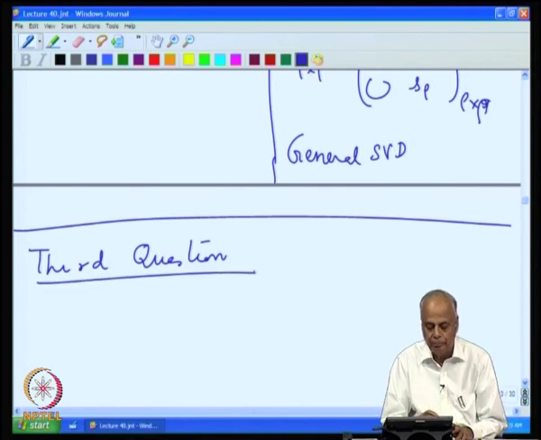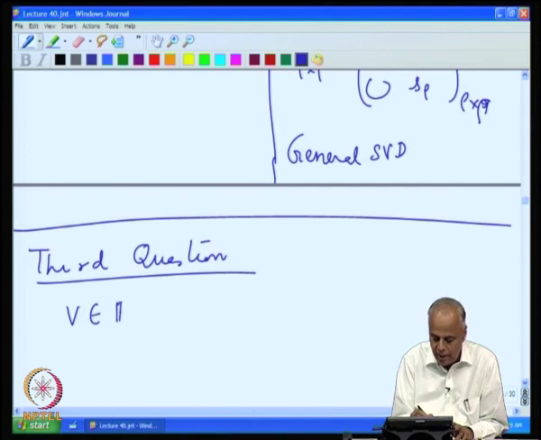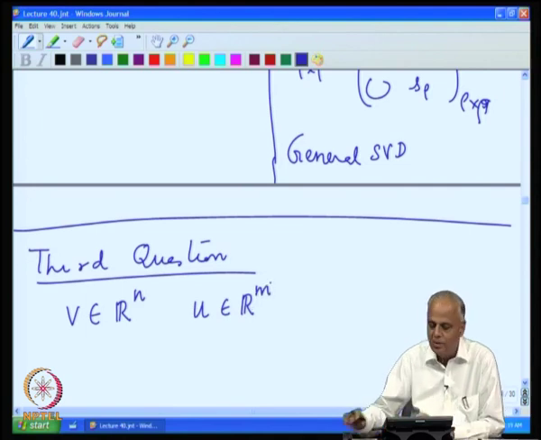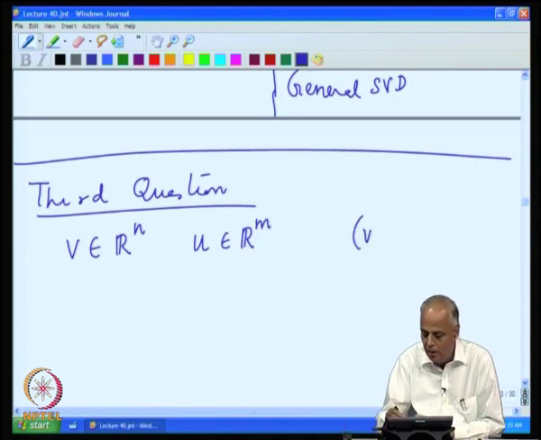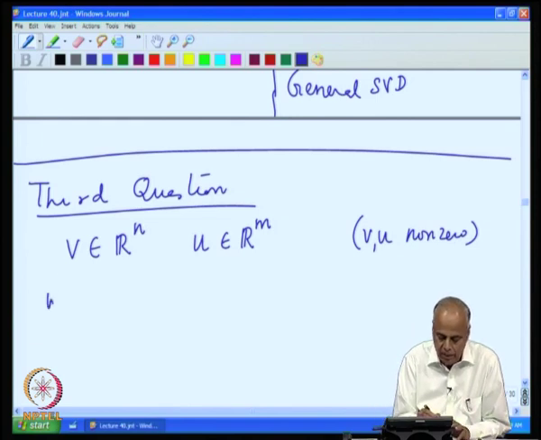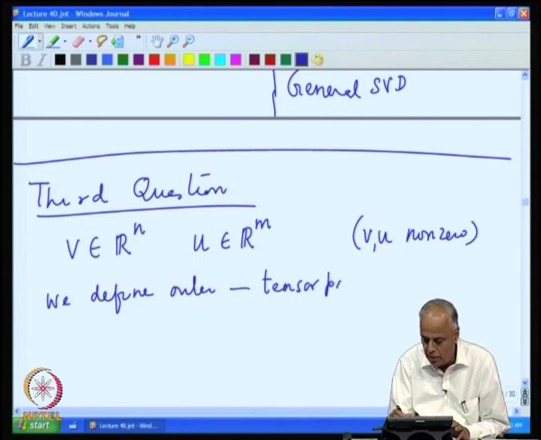The third series of questions, the third set of questions that we raised, was the following. Suppose I have a vector v in R^n and a vector u in R^m, both non-zero vectors. Then we defined the outer product, sometimes called the tensor product.